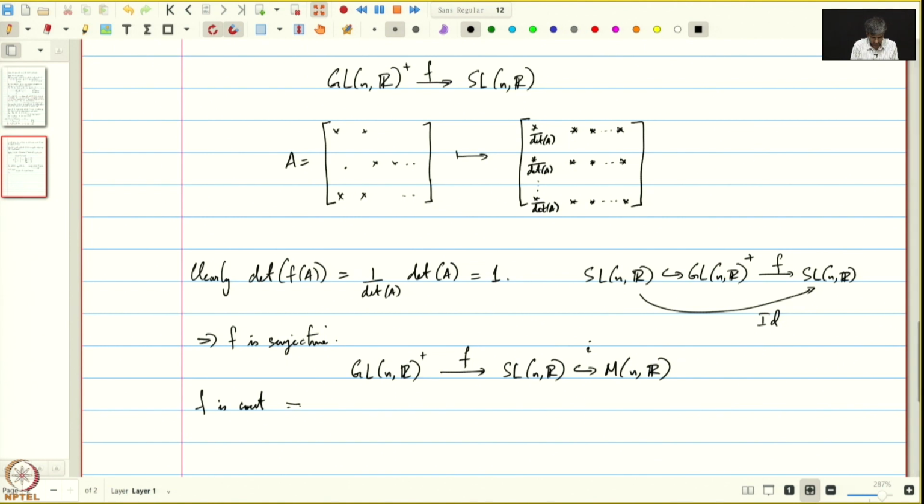F is continuous if and only if i composed with F is continuous. And to say that i composed with F is continuous, it's enough to show that the coordinate functions are continuous.